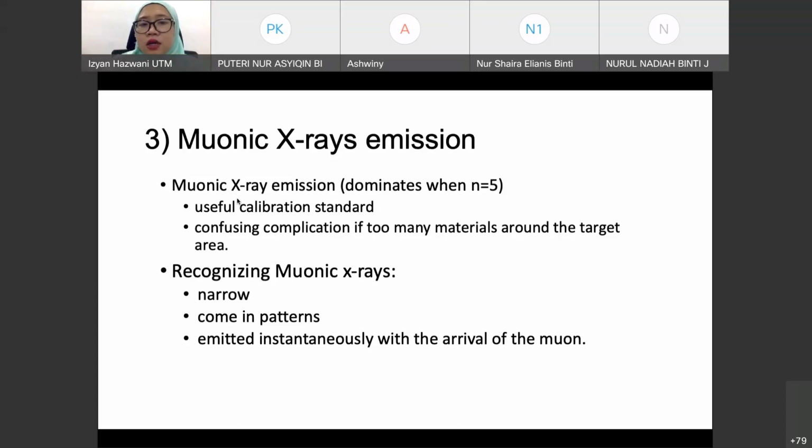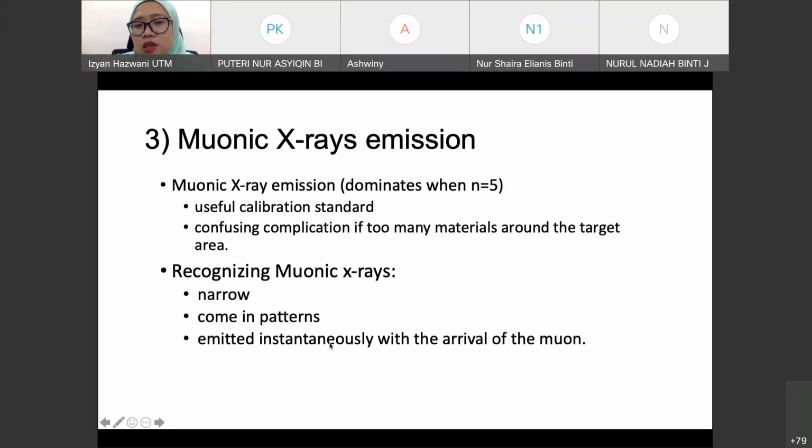The peak for muonic X-ray is very sharp and it comes in groups. So there are some tips to recognize this muonic X-ray: it is narrow, has a pattern, and is emitted instantaneously with the arrival of the muon.